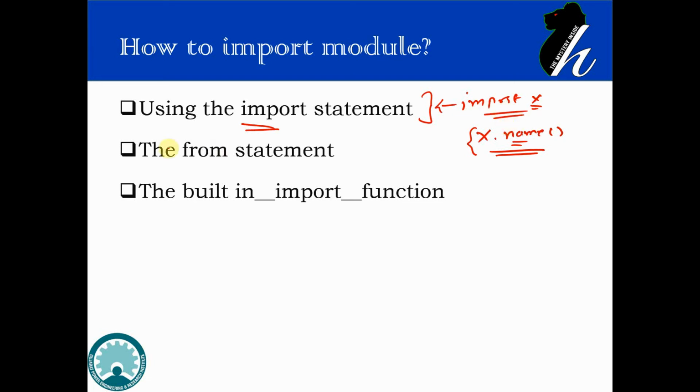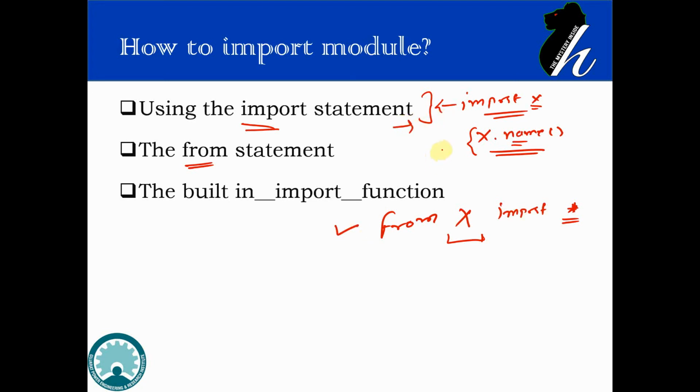Another way to import a module is the from statement. How would you use this from statement? You just need to write from module name, that is x, import star. Star means all. This is equivalent to the statement import x.